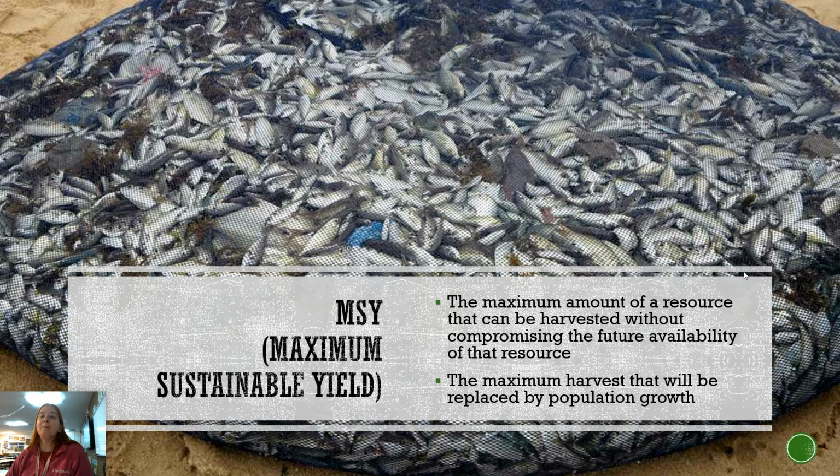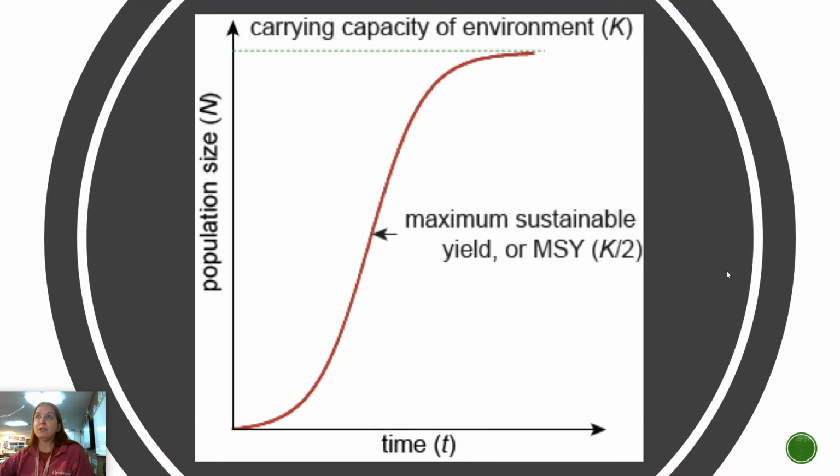So we have something called maximum sustainable yield. And this is the maximum amount of a resource that can be harvested without compromising the future availability of that resource. So the maximum harvest that can be replaced by just standard population growth. So you'll have enough for you, and the next generation will have enough as well. The maximum sustainable yield is literally half of whatever your carrying capacity is.